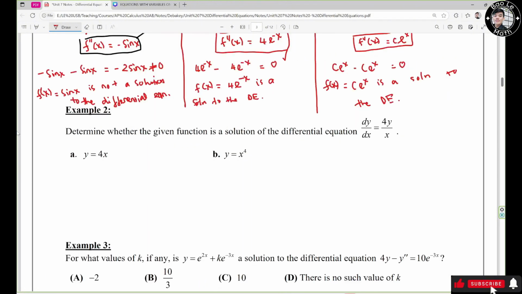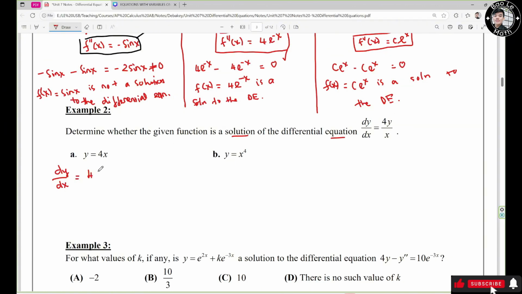Now let's move on to example number 2. Determine whether the given function is a solution to the differential equation dy over ds equals 4y over s. Question A right here, you need to take the derivative of both sides with respect to s, so I have dy over ds equals 4.